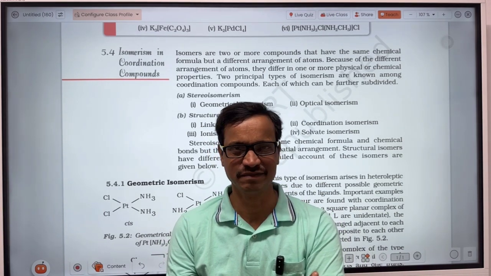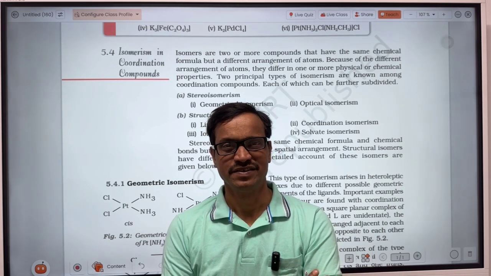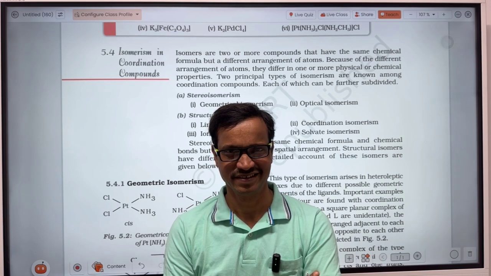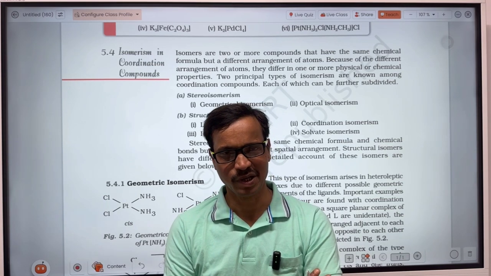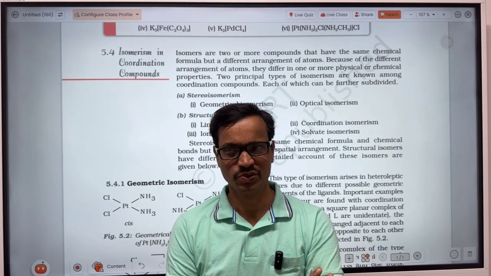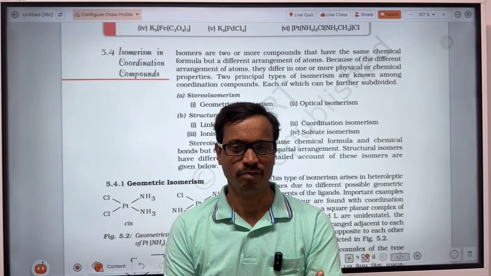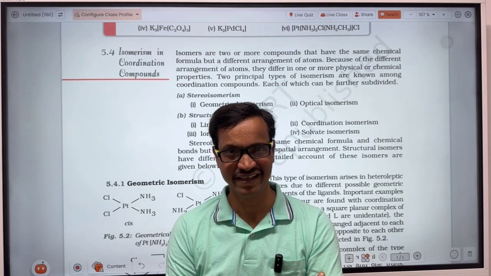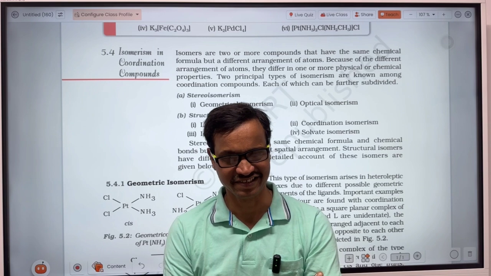Isomerism is the phenomenon in which two compounds have the same molecular formula but different properties, and both compounds are called isomers of each other. The phenomenon is called isomerism and both compounds are called isomers of each other.